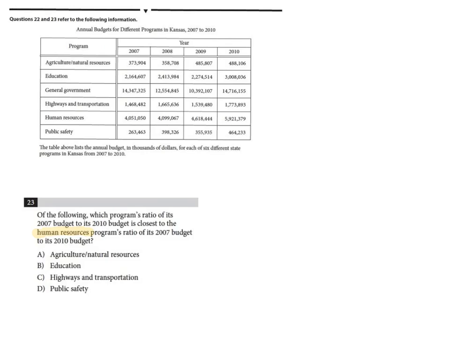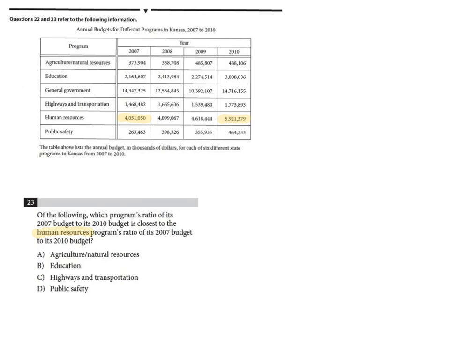Well, the human resources budget in 2007 was $4,051,000, and the budget in 2010 was $5,921,000. Okay, and we want to figure out which other most closely matches that.